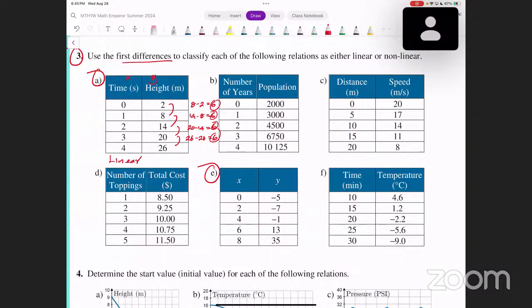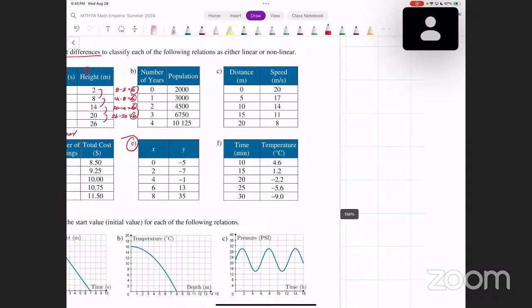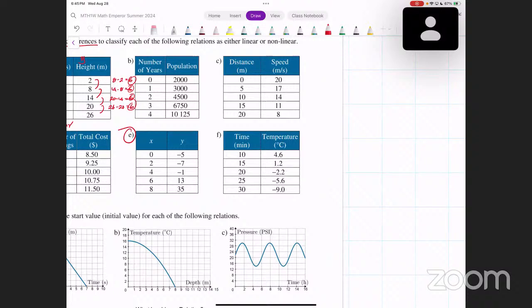Okay, so now let's go to E. Before I do it, I'm going to ask Vaishali online. Is E a linear relation or non-linear relation? It's a non-linear relation. Now I'm going to go back to Nishal to answer that. Why do you think it is non-linear? Nishal? Hello?